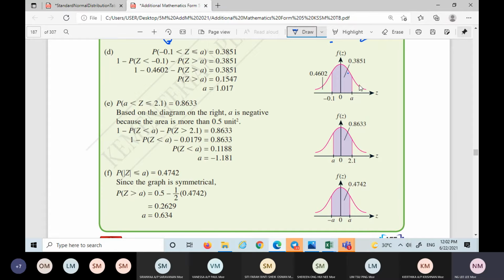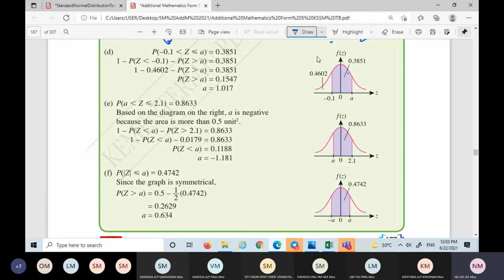So how to read from the table? We want to read from the table only the area right till. They didn't say this is symmetry. If this were symmetry, then A would be 0.1. But no, I don't know what A is, so how to do it?